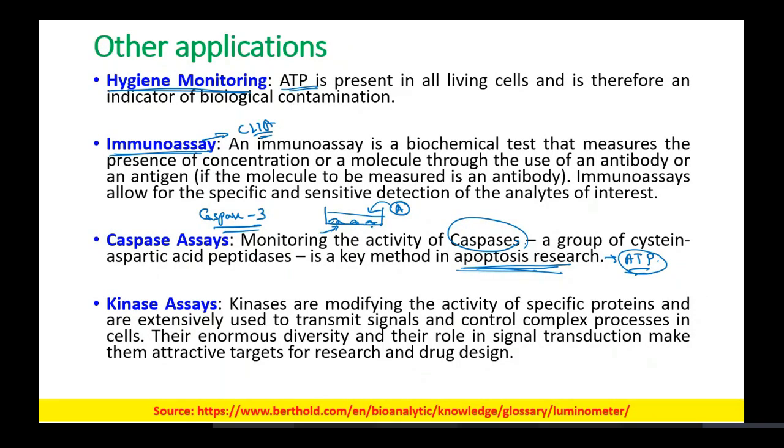If it is killing the cells, then the ATP is coming down, and that means the light would also be coming down. So from there you can find out the anti-cancer activity of different drugs or chemicals.